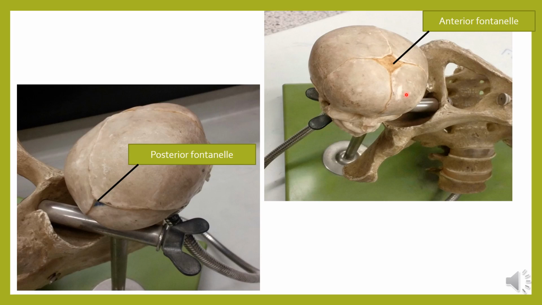The anterior fontanelle is found where the two parietal eminences and the two frontal eminences meet. The posterior closes about 3 months after birth, while the anterior closes about the middle of the second year.